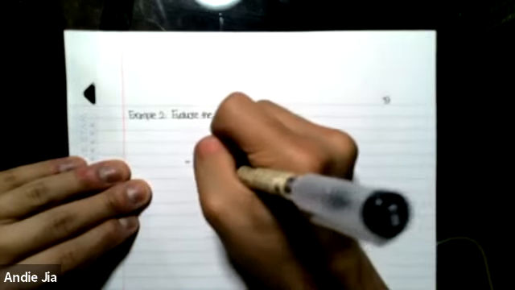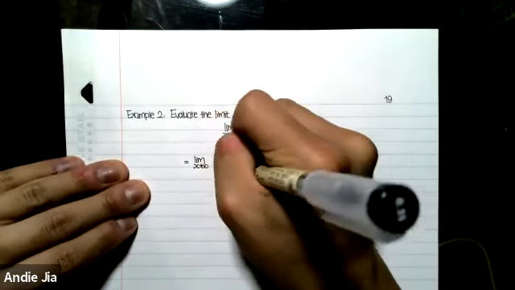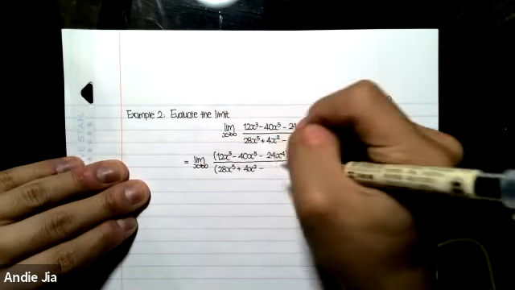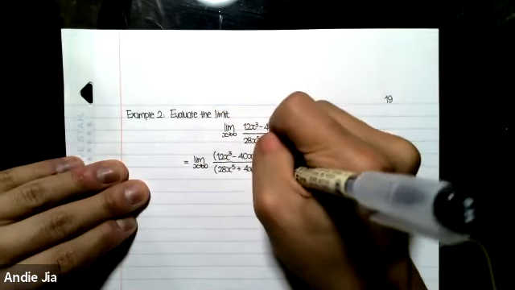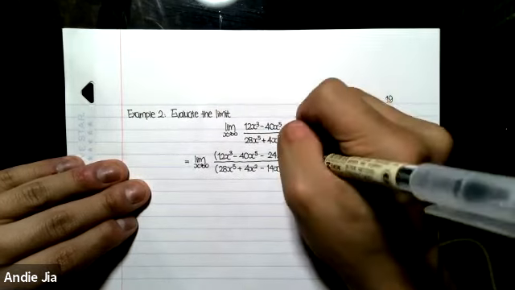28x to the 5th minus 14x to the cubic, and we multiply by the highest power, which is x to the negative 5.